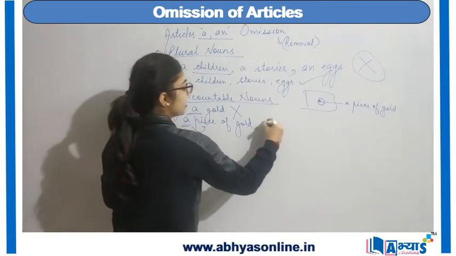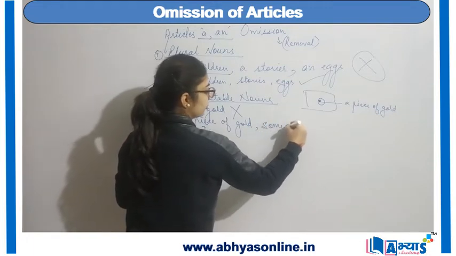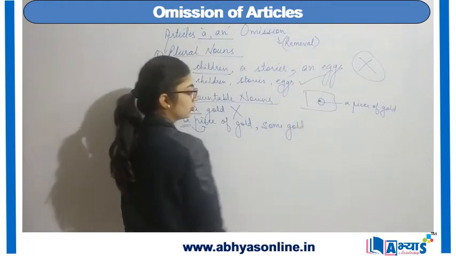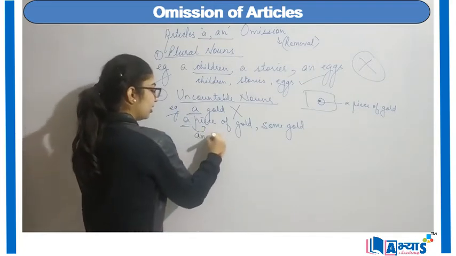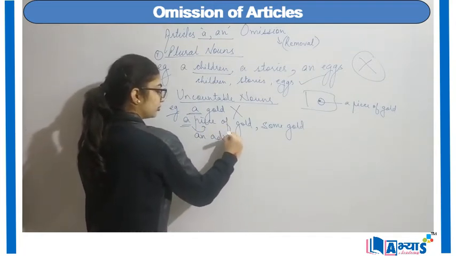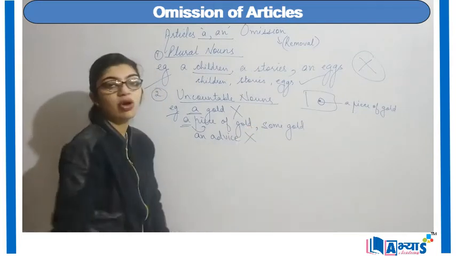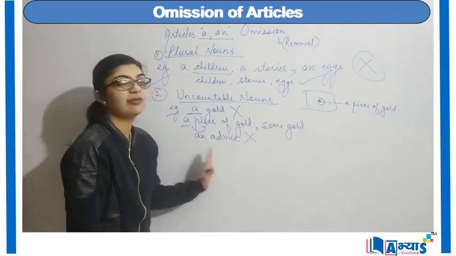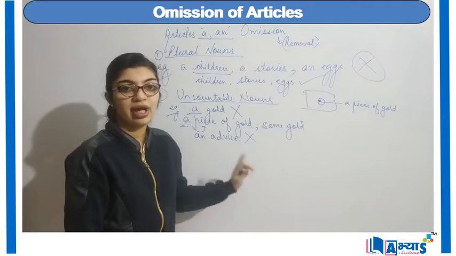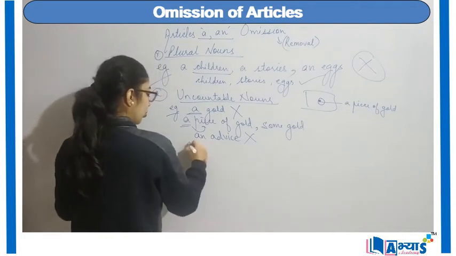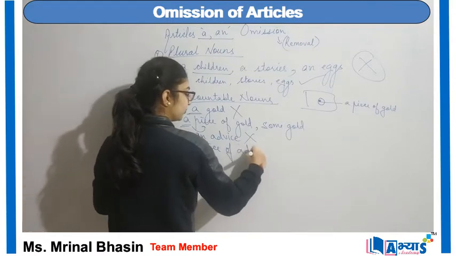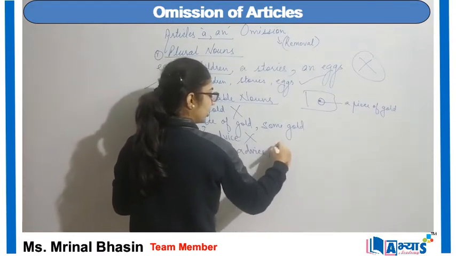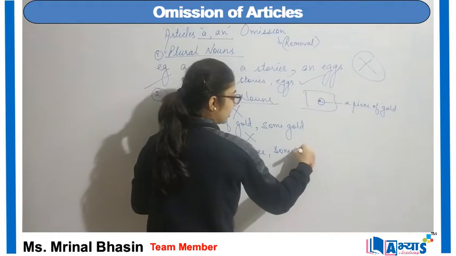Similarly, I can say some gold. Another example is an advice. This is also wrong. I will never say let me give you an advice. I will say let me give you a piece of advice or some advice.